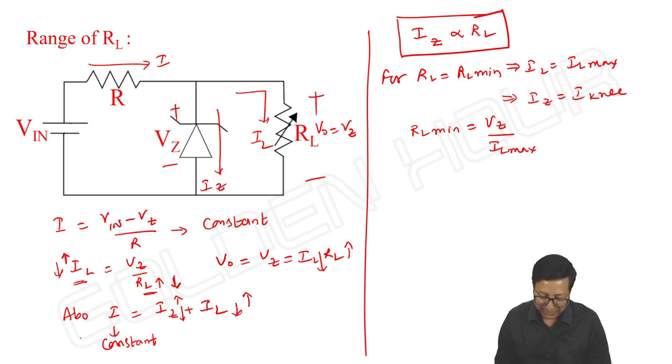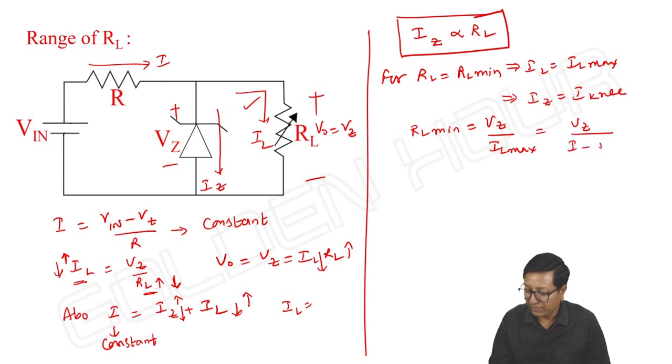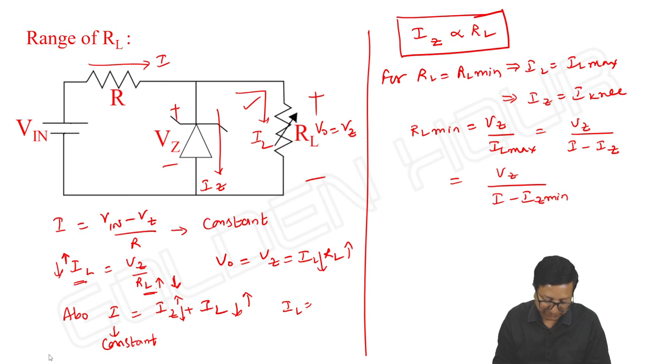What is IL? From this even I can write IL is equal to I minus IZ. So VZ by I minus IZ, and VZ is anyway constant. Here IL is maximum when IZ is minimum, or knee current, anything we can write.